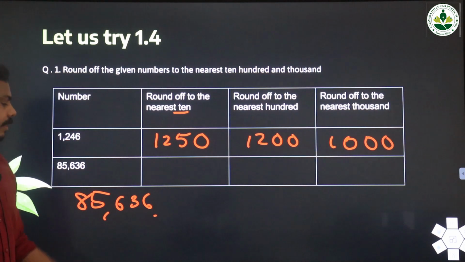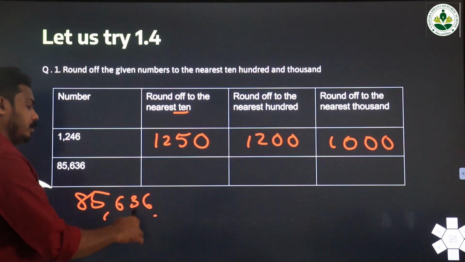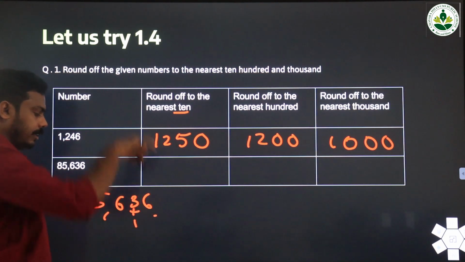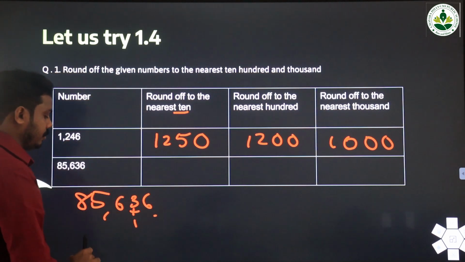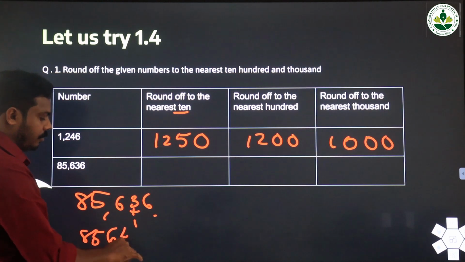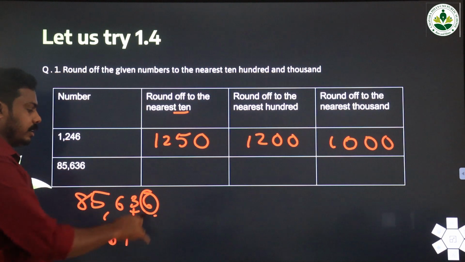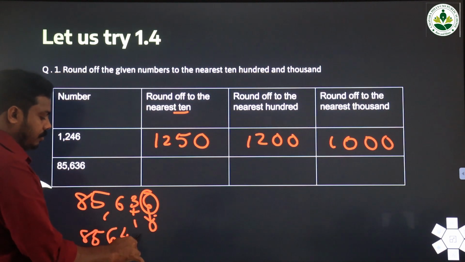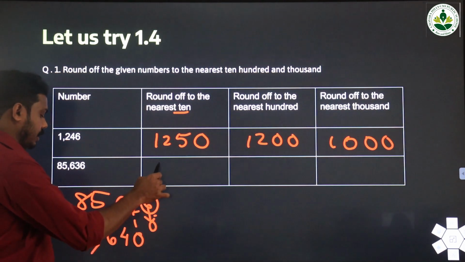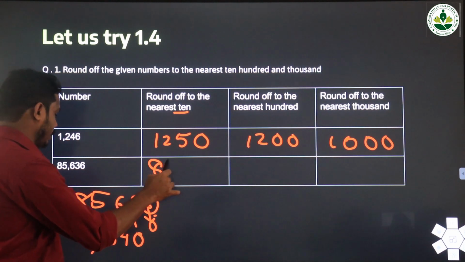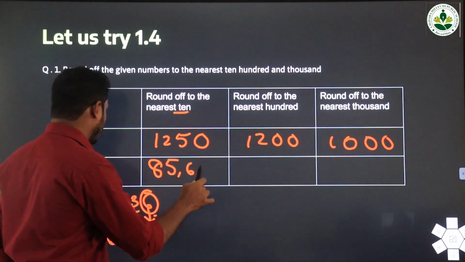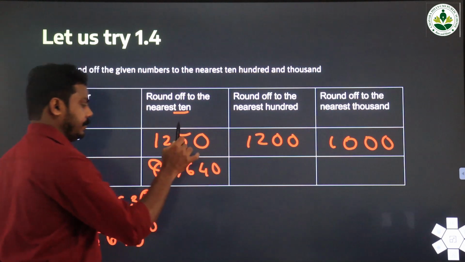If it is greater than 5, then add 1 to the digit in the tens place. Now it is 85,640. Replace the ones digit with a 0. So the nearest 10 is 85,640.